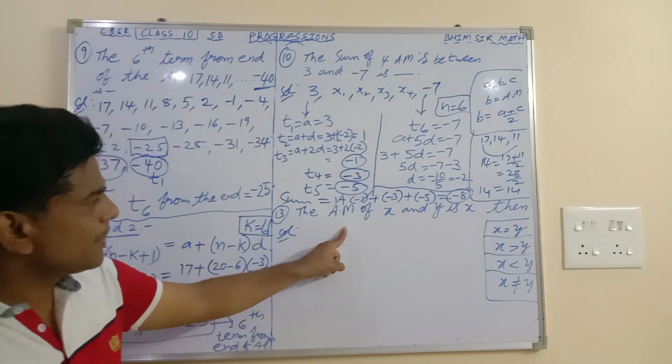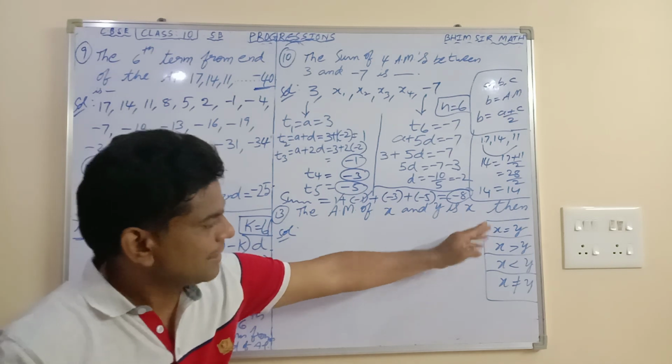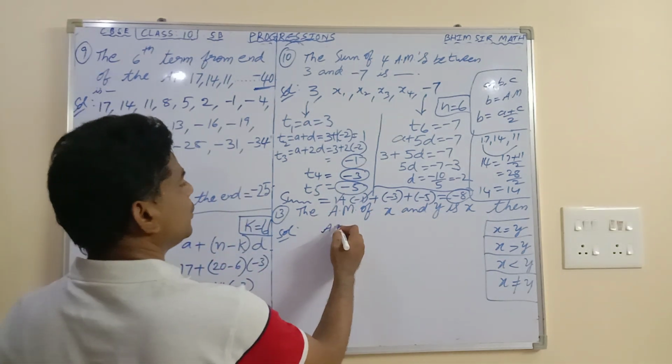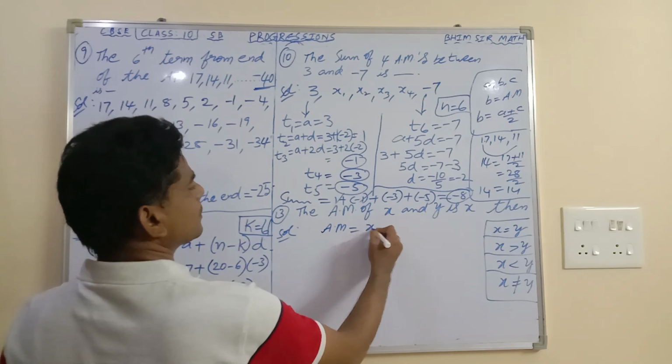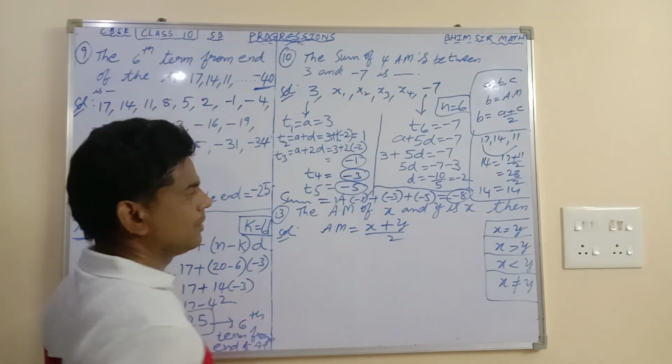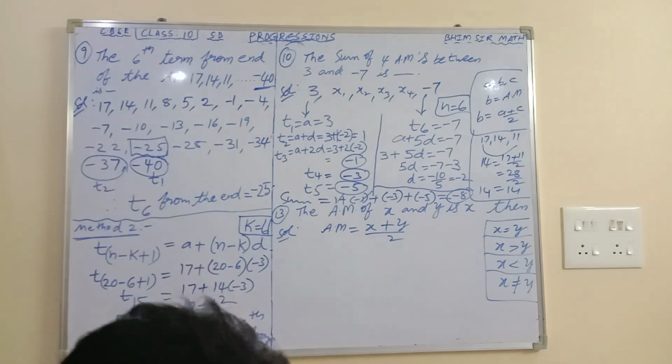The arithmetic mean of x and y is x. Then which of the following is correct? The arithmetic mean formula we know is x plus y by 2.